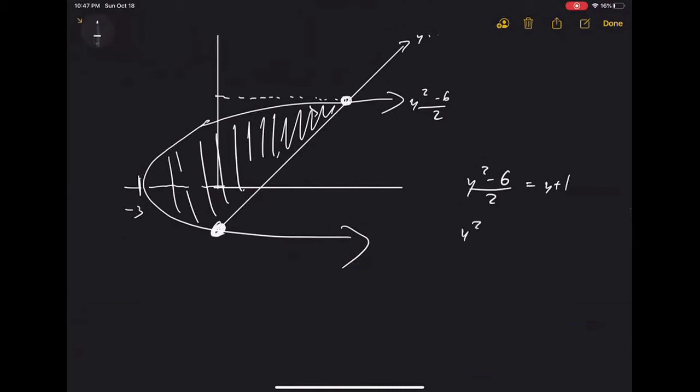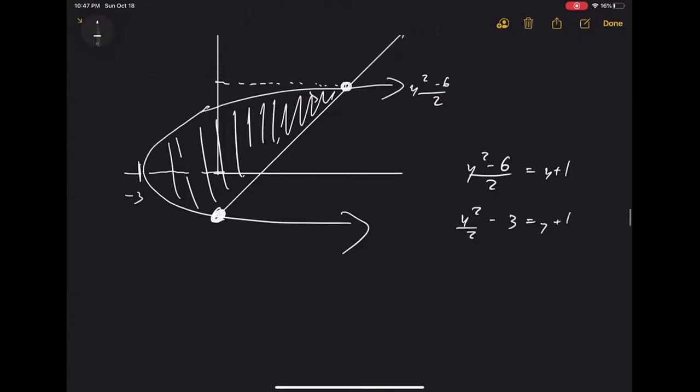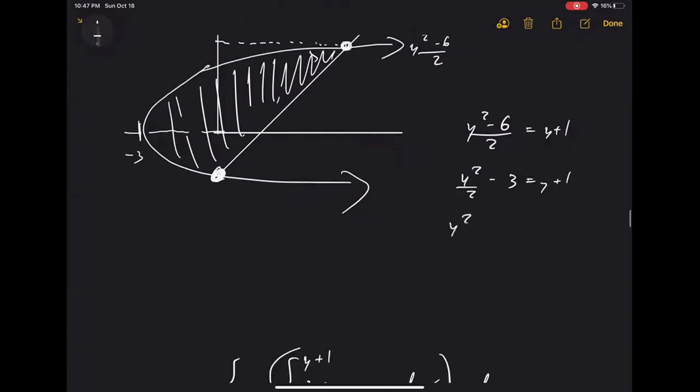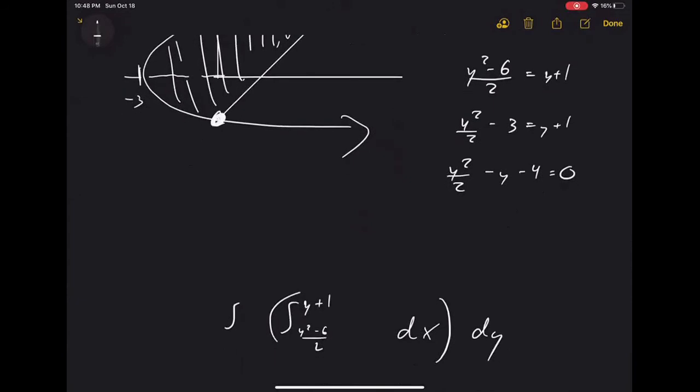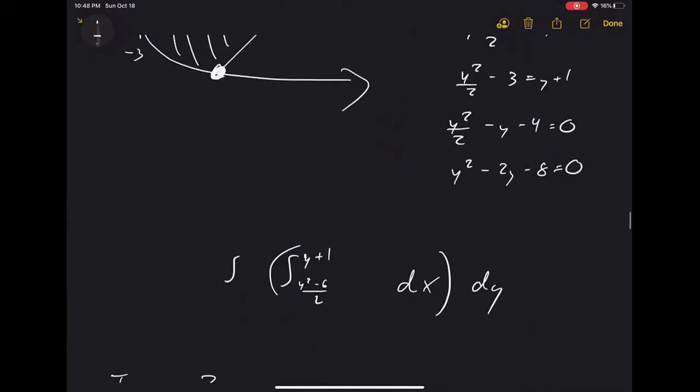So let's see, y squared over 2. Let's go ahead and break this up. It was y plus 1. Y squared over 2 minus y minus 4 equals 0. And then it's just quadratic formula, and we can use some of our tricks, like multiplying everything by 2.